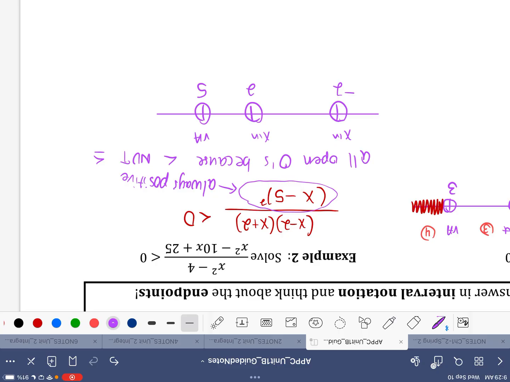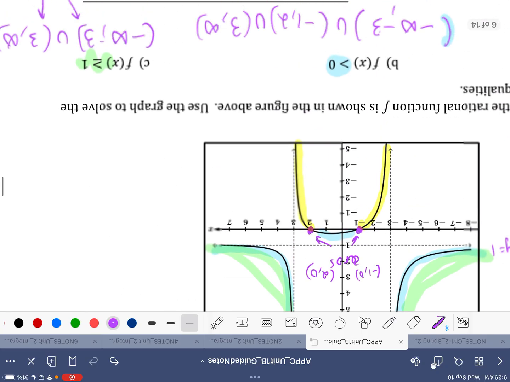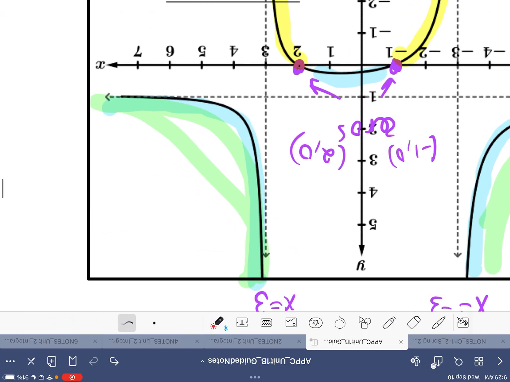Rational functions, like at 5, because it has an even multiplicity on either side of that vertical asymptote, we're going to follow either both going up or both going down.